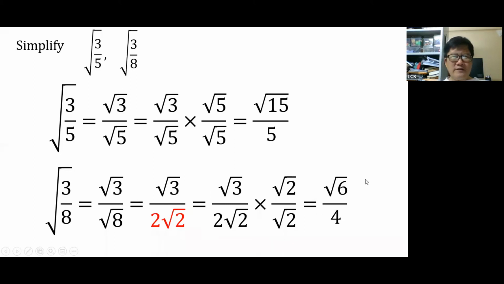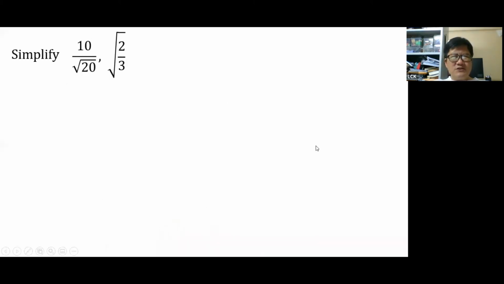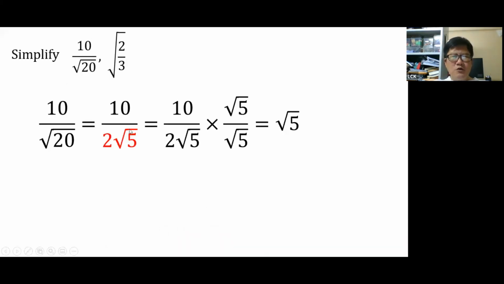All right, so that's how you do these simplification questions. Let's go on a few more before we go on to more difficult questions. This is 10 divided by square root 20. So again, square root of 20 can be simplified. So simplify it first. Don't rush in. The simplified form of square root 20 is 2 square root 5.